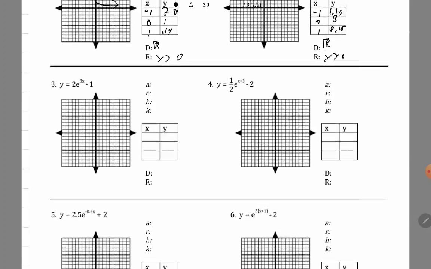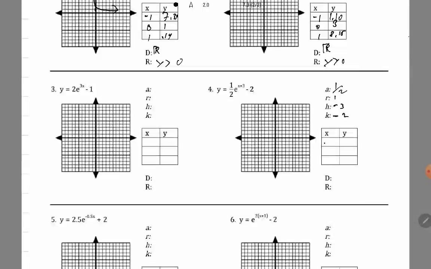So number 4. A is 1/2. R is 1. H is negative 3. So remember, still using the opposite value. And k is negative 2. So once again, you want to use values around your h. So my h value is negative 3.